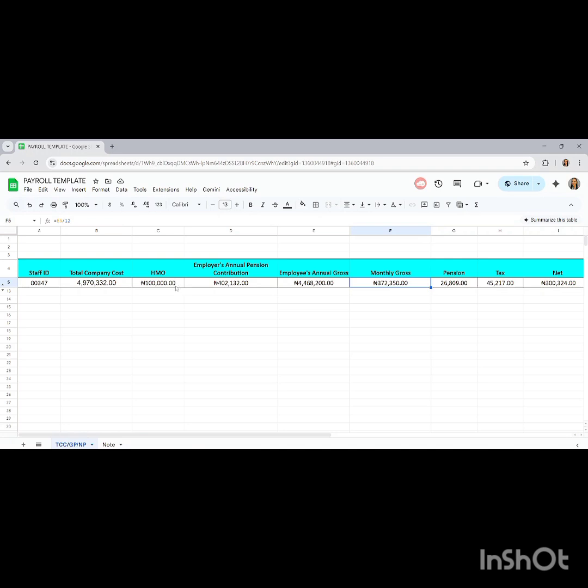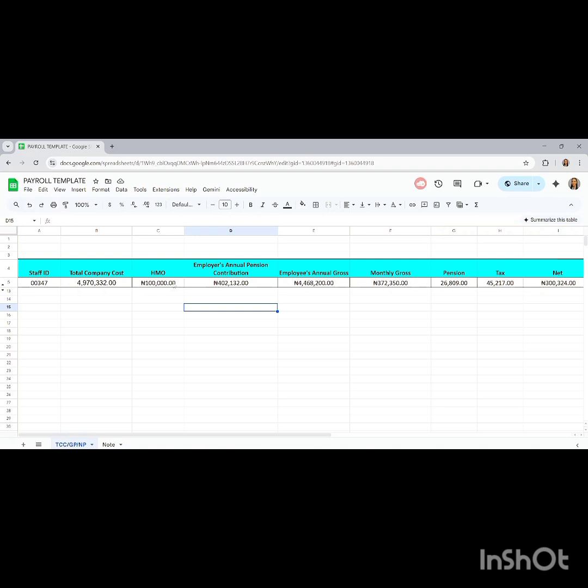So perhaps the HMO for this role is 100,000 flat for the whole year. Some senior level officers can have a higher HMO than this, but for this role it is 100,000 naira. And the employer's annual pension contribution is this figure.